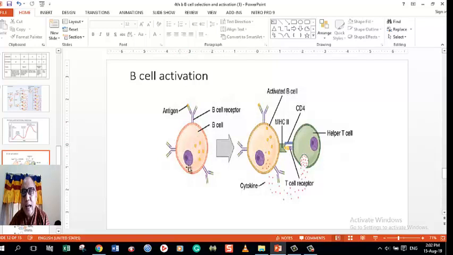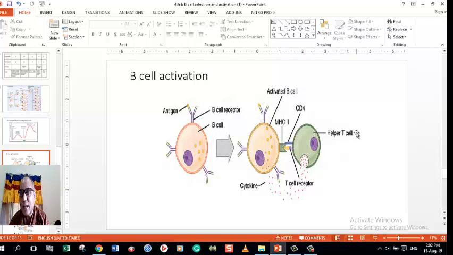So here B cell has IgD, and once these antigens are presented by these B cells, the T helper cells will recognize the MHC2 and bind with CD4 of T cells. You know that already, I talked about it just before.